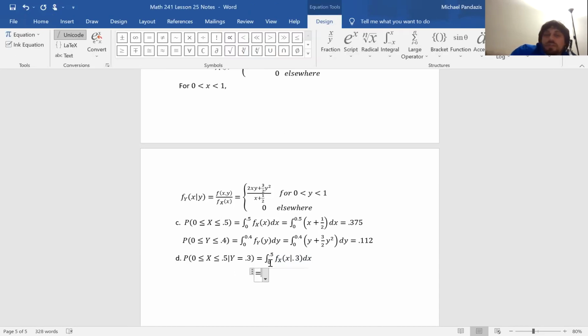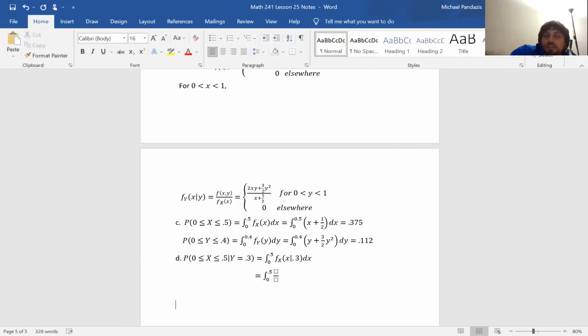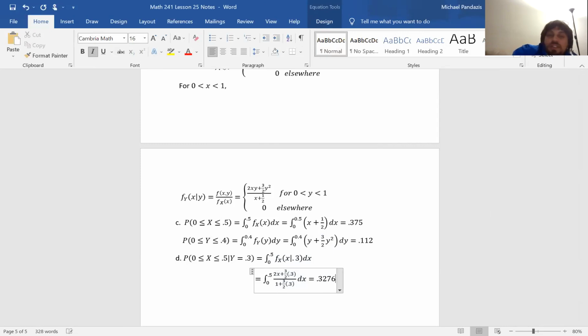So this is equal to the definite integral from 0 to 0.5 of 2x plus 3/2 times 0.3 over 1 plus 3/2 times 0.3 dx. That's equal to 0.3276. Calculate it.